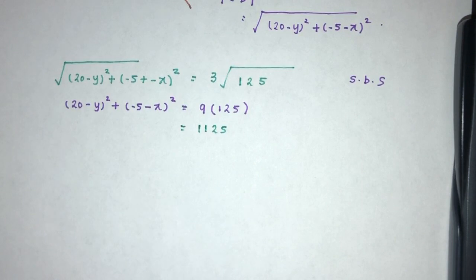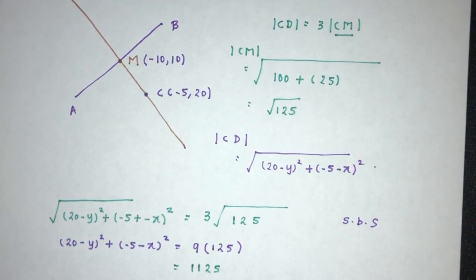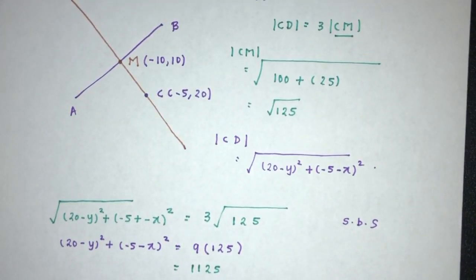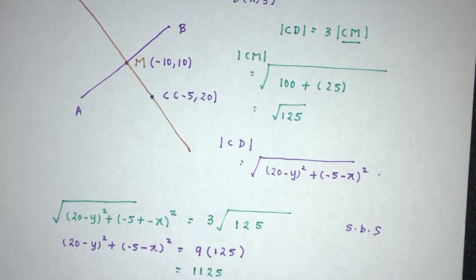Now let's see how we can solve this. This is kind of interesting because we don't know much about the points at all, but there must be a way to find the answer. The distance CD is 3 times the distance CM. We found the distance CM already. Now we just have to find the possible values of x and y for D.